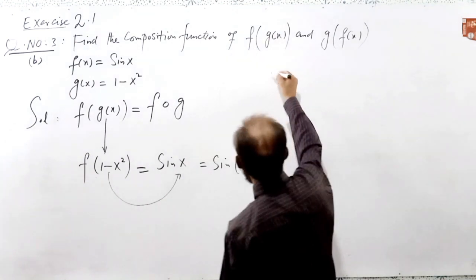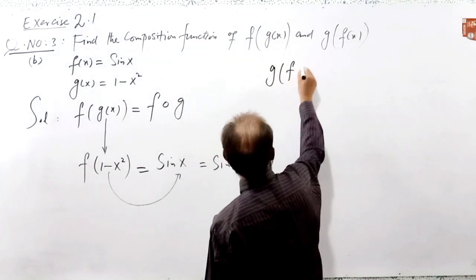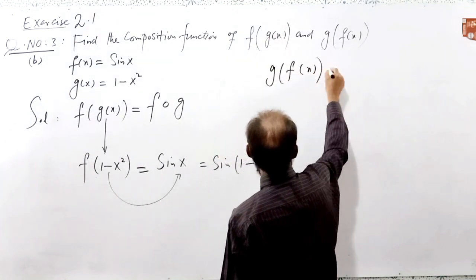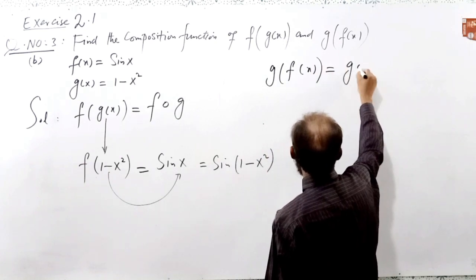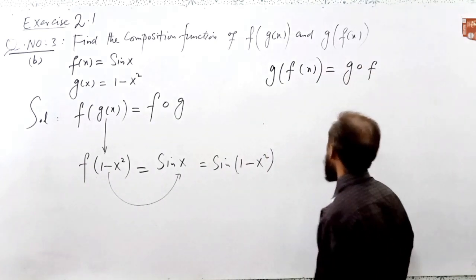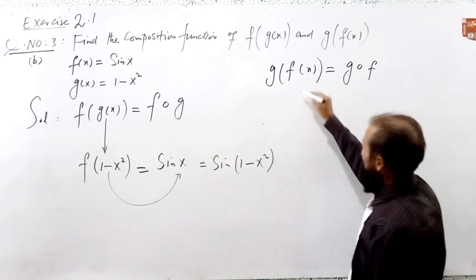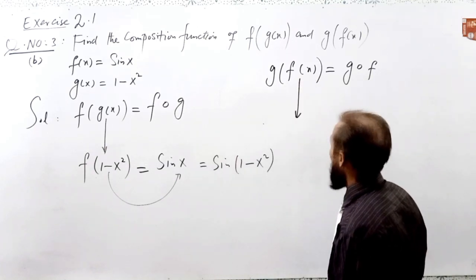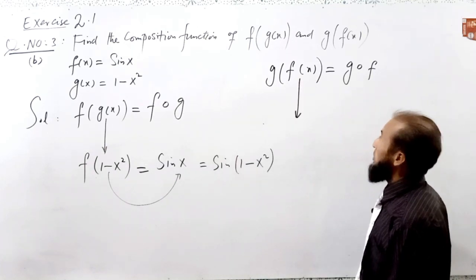Similarly, we are finding g of f of x. We can write g of f of x. That means that here we put the value of f of x in the g function.